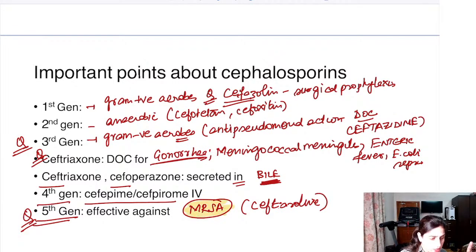That's the classic thing that you have. Ceftaroline and the like, okay? Ceftobiprole and ceftaroline. So remember this. These are some important features, and this drug is very important.